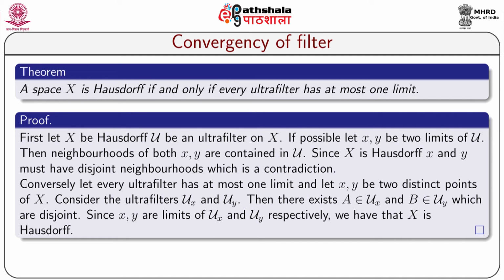Then there exist A belonging to Ux and B belonging to Uy which are disjoint. Since x, y are limits of Ux and Uy respectively, we must have that X is Hausdorff.